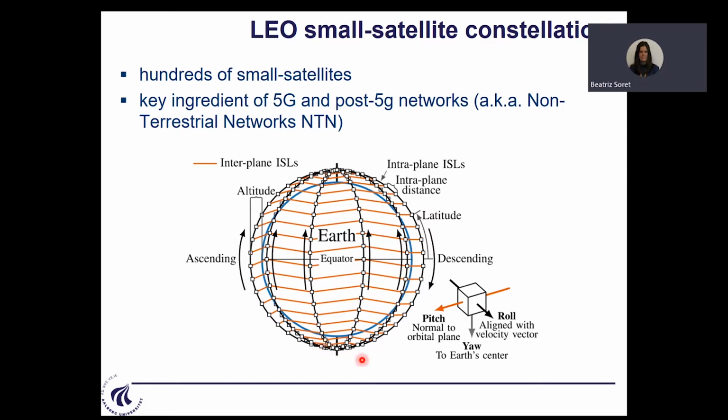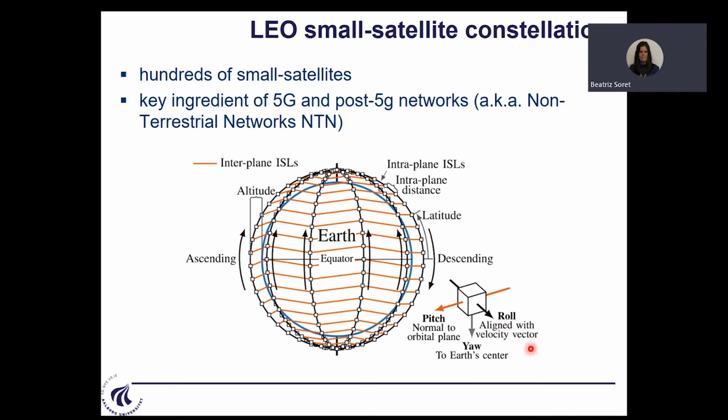You have the CubeSat structure or similar to this, and you will deploy antennas for the different links. You have a link to the Earth, to the user equipment on Earth, or the ground stations or gateways, any device that is deployed on Earth.